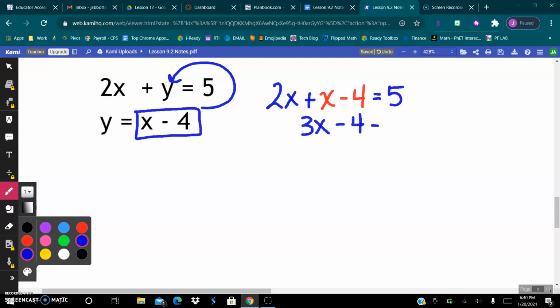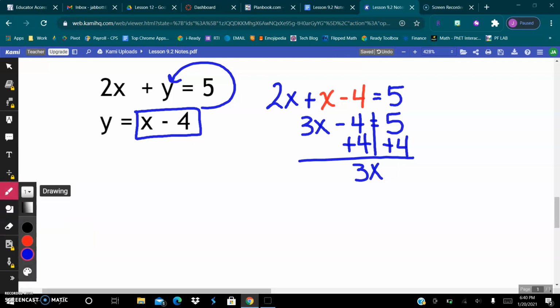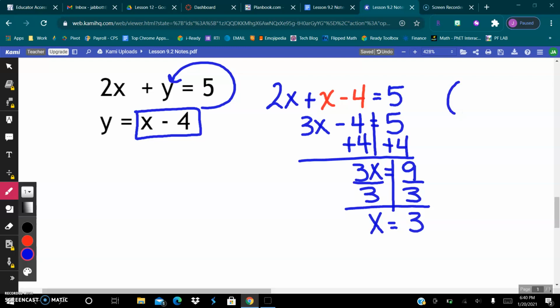I have a minus 4 equals 5 left. We're going to add 4 to both sides. Then divide by 3. So x is 3, so I can start my ordered pair.